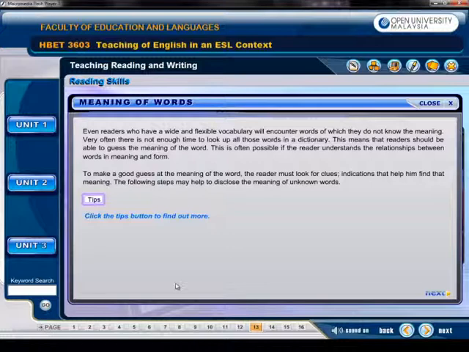This is often possible if the reader understands the relationships between words in meaning and form. To make a good guess at the meaning of the word, the reader must look for clues, indications that help him find that meaning. The following steps may help to disclose the meaning of unknown words.